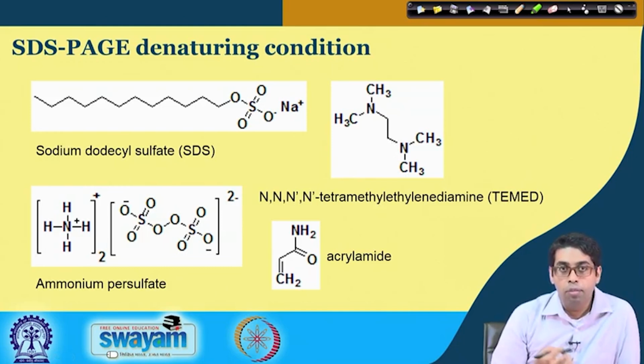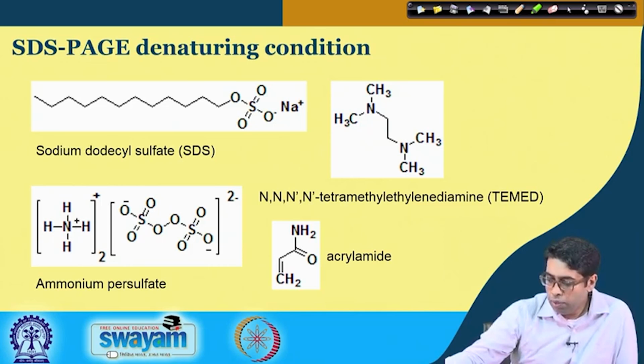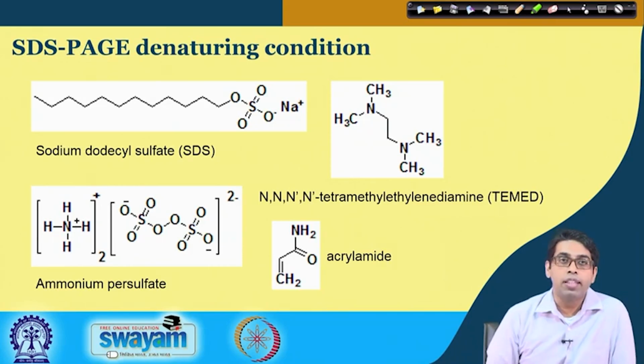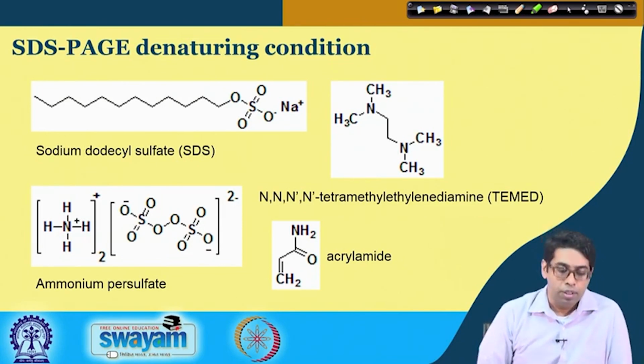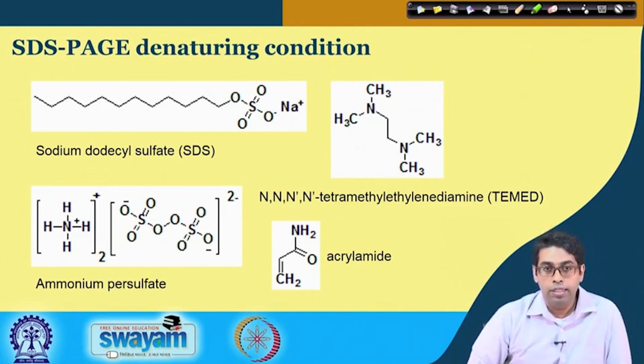the acrylamide bisacrylamide mixture. One very common mistake that students make is they forget to add one of these two components. They will either forget ammonium persulfate or they will forget TEMED. In either case, even after waiting for hours, there will be no polymerization of your gel.